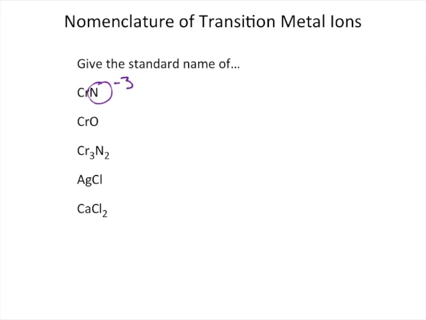It's always -3 in an ionic compound. Since there's one chromium for one nitrogen, it means the chromium has to be +3. Now that we've deduced that, we can put the name out. It's chromium 3 nitride. Now in the example following, the chromium and the oxygen, well, oxygen's always -2, so in this case the chromium has to be +2, and it's chromium 2 oxide.